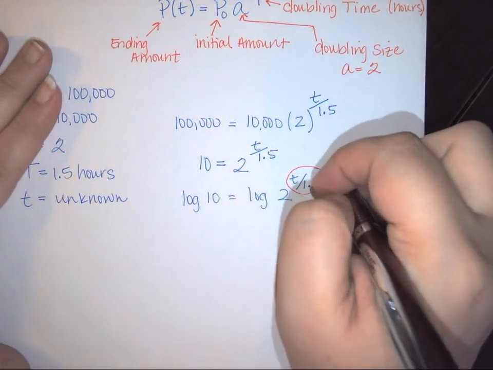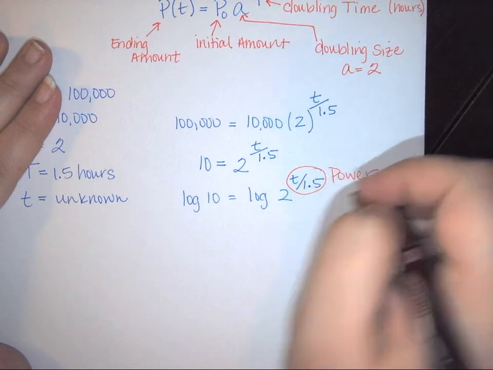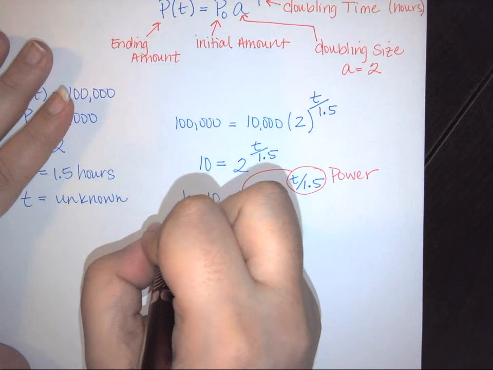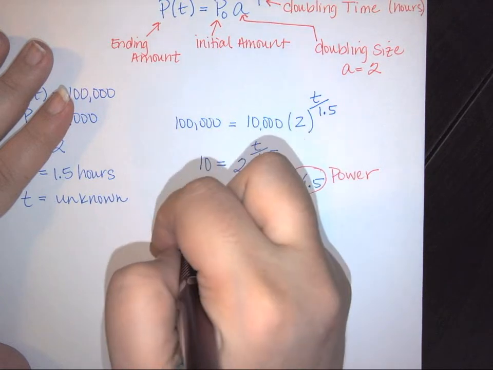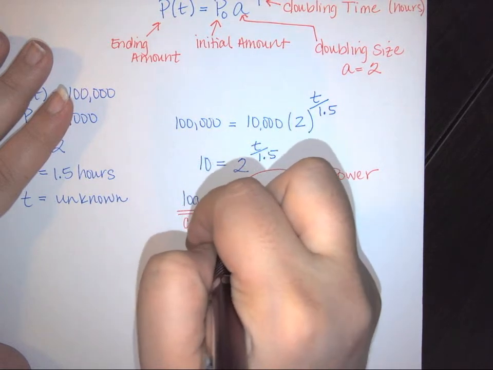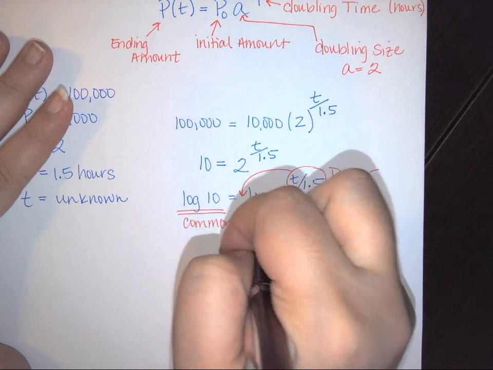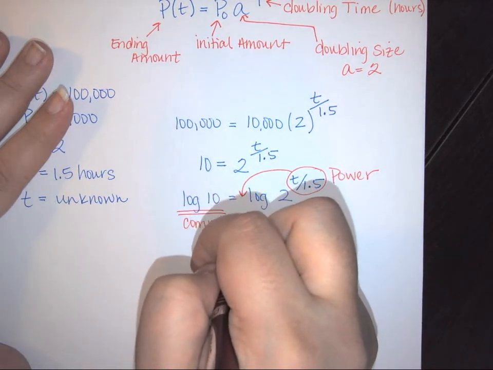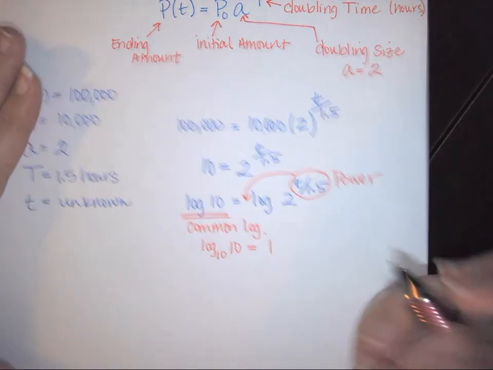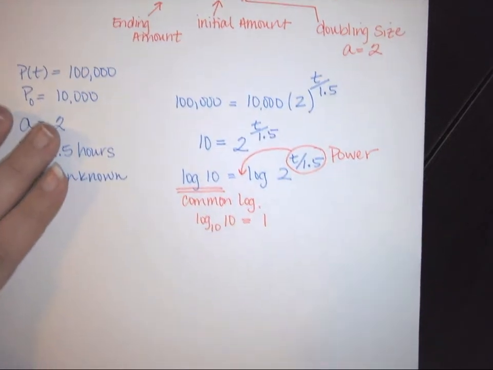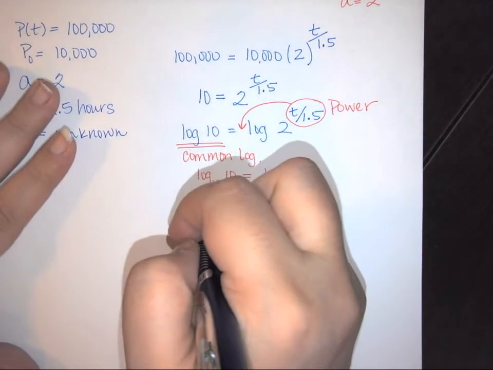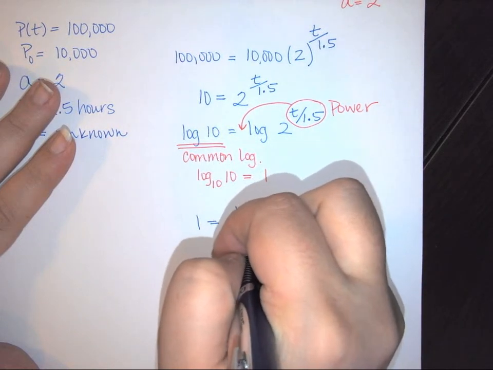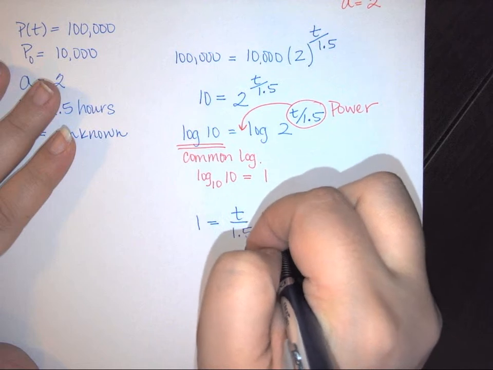This right here is now my power rule, which says it can come down in front. And this right here is my common log, which says that I have the log base 10 of 10, which equals 1 as a result. Therefore, 1 is equal to t over 1.5 log of 2.